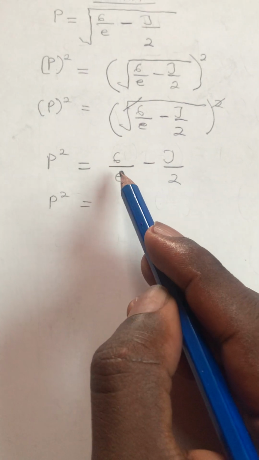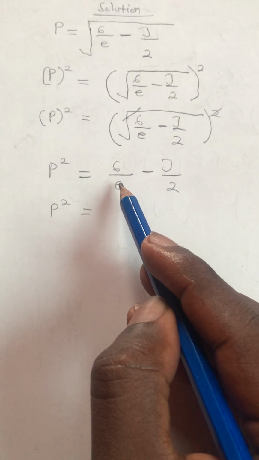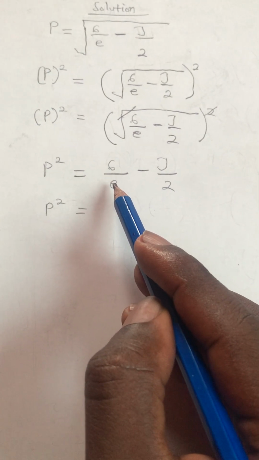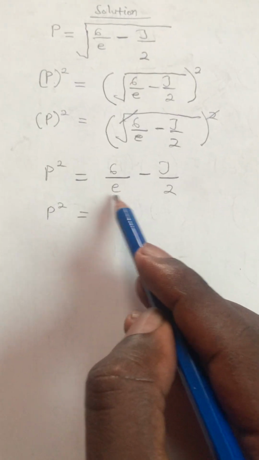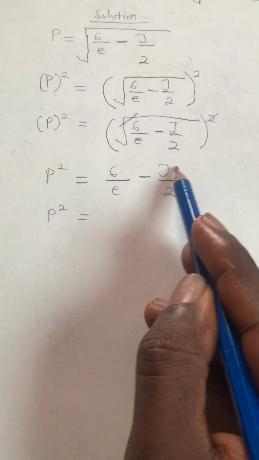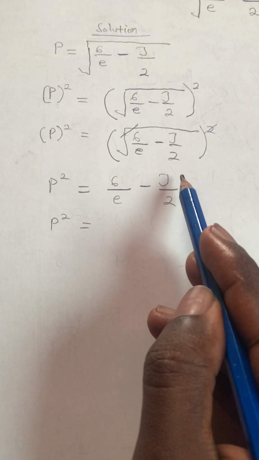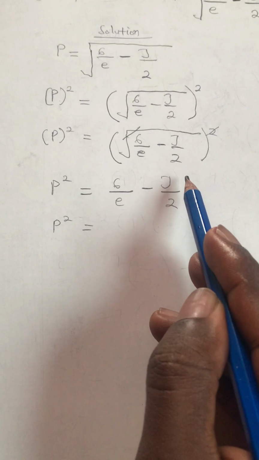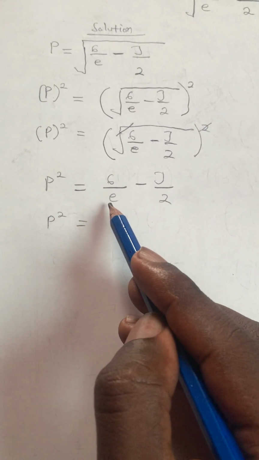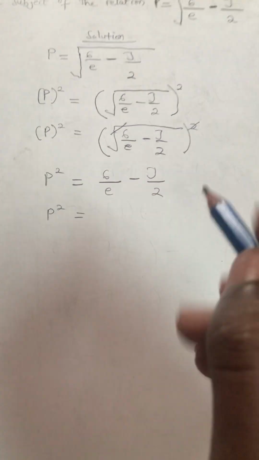Then we equally multiply the denominator on the left hand side, which is E, by the numerator on the right hand side, which is J. Then when we are done, we multiply both denominators, which is E and 2.